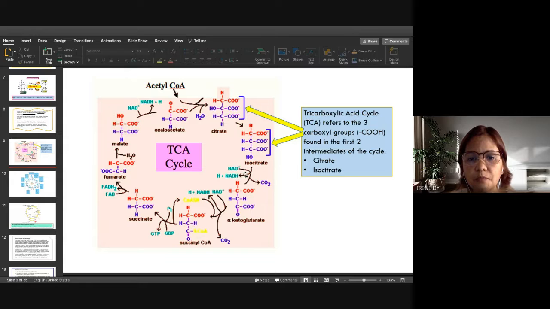An NAD plus will be converted to NADH. Okay. And removal of carbon dioxide. Converting alpha-ketoglutarate to succinyl coenzyme A is again conversion naman ng another NAD to NADH. And removal again of carbon dioxide.